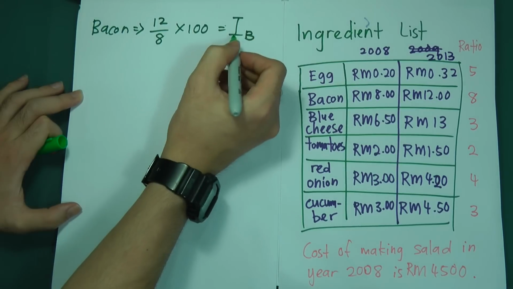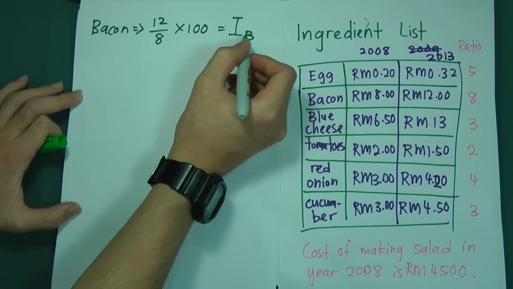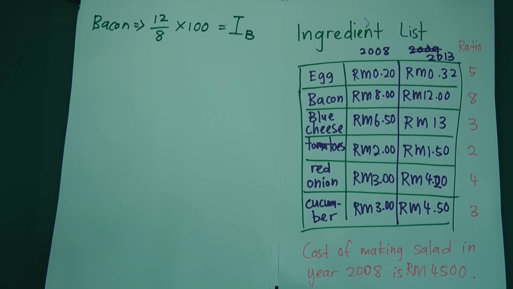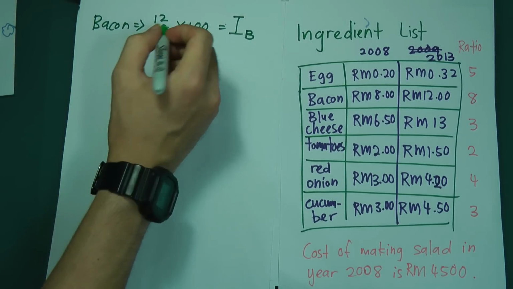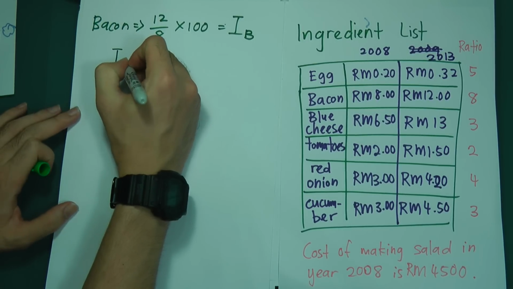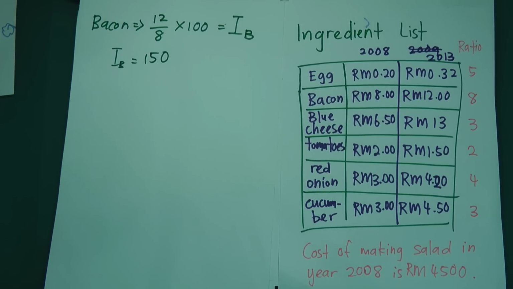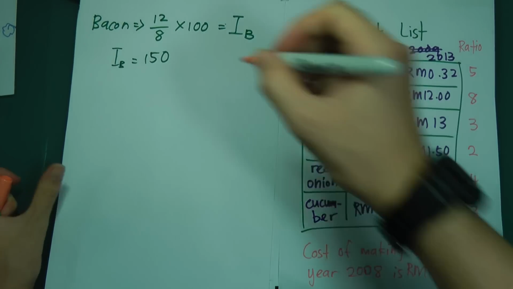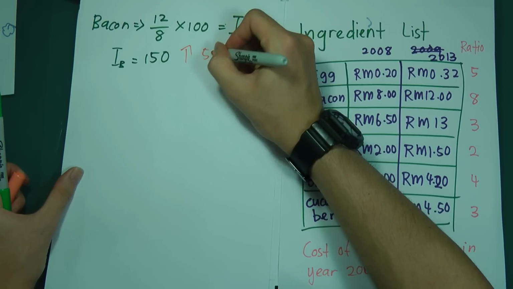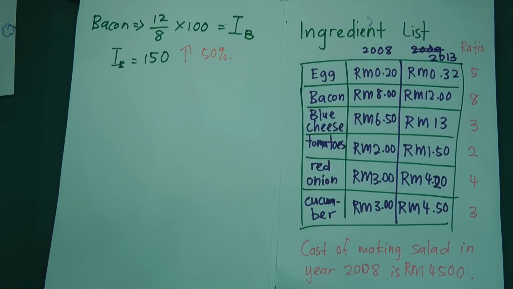You just use a calculator to press 12 divided by 8 and then multiply by 100. You got the index number for bacon as 150. So when you got 150, it means the bacon also increased 50% compared to 5 years ago.